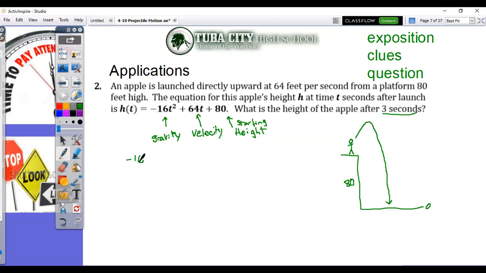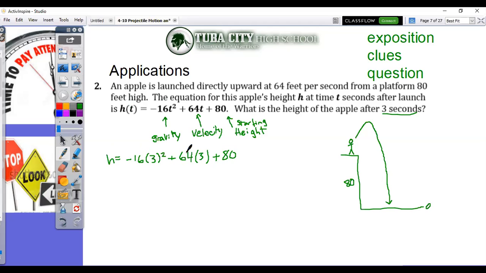I'm plugging this in because I am asking, what is the height of the apple after t is 3 seconds? So in 3 seconds, where's the apple? Okay, that's what I'm asking.